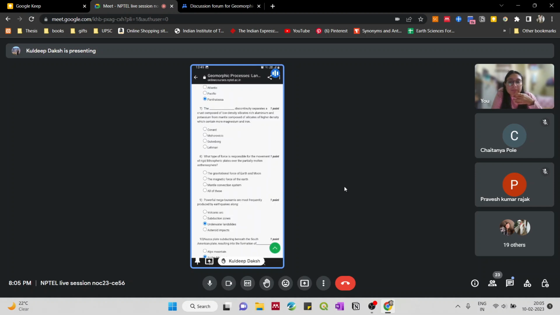Ma'am, I have these two more. Number eight. Here the fourth option is "all of these", and that is what is making me confused. What type of force is responsible for the movement of the rigid plates? Option C. I just discussed this in the session also. The driving force responsible for the tectonics, option C, right?